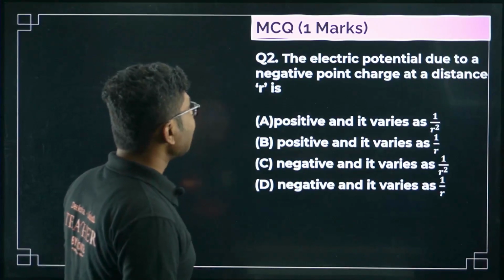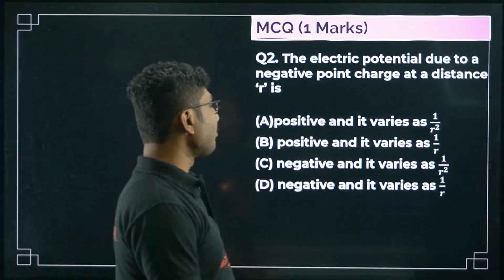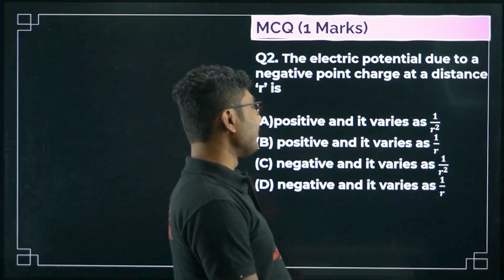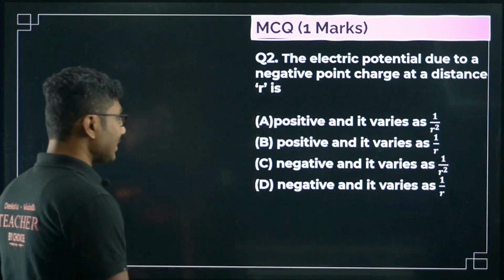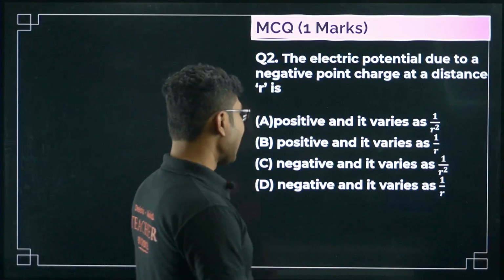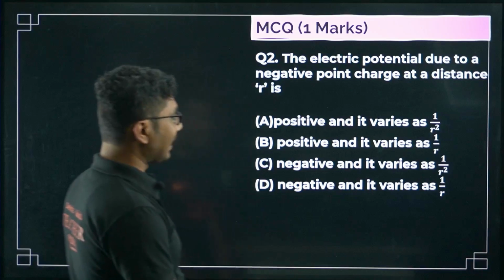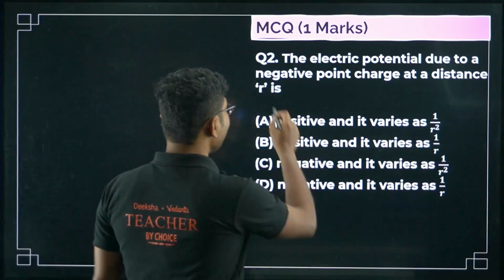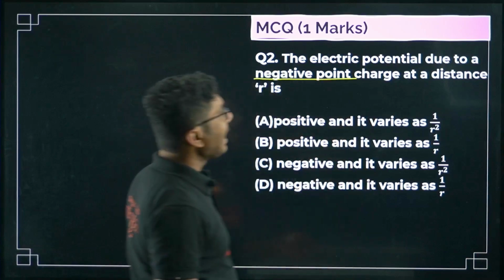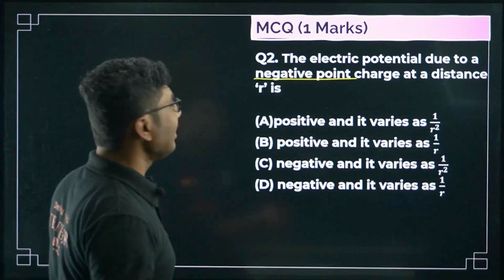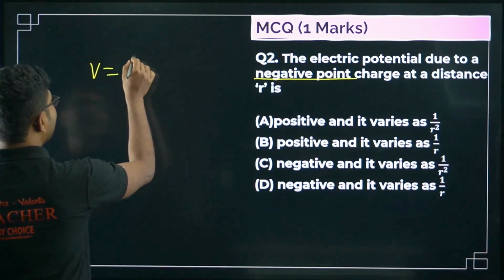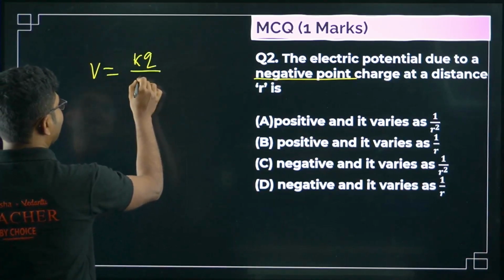Now the electric potential due to a negative point charge at a distance r is: positive and it varies with 1 by r square, positive and it varies with 1 by r, negative and it varies with 1 by r square, negative and it varies with 1 by r. So charge is negative, okay, and electric potential due to a charge is basically given by kq by r, right?